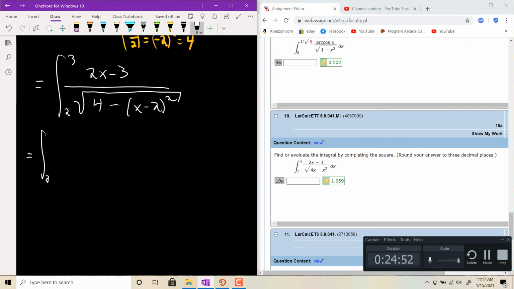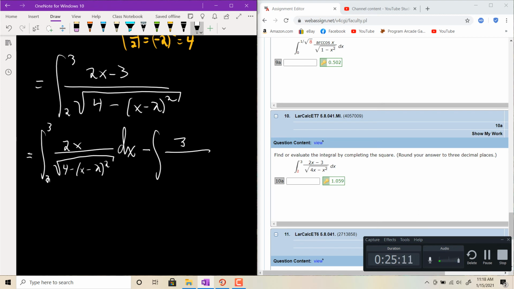Hopefully I don't forget I have to evaluate at the end. So we have the integral of 2x all over the square root of 4 minus (x minus 2) squared dx, minus the integral of 3 all over the square root of 4 minus (x minus 2) squared dx.